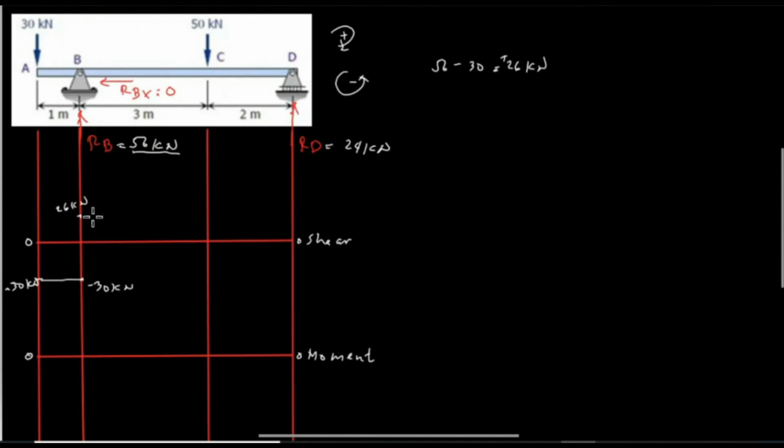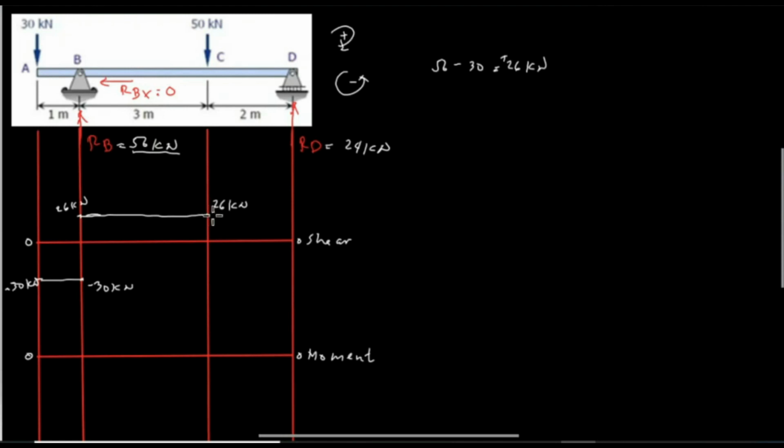Therefore, the shear force is the same from point B going to point C, and we'll have a horizontal line, which means this is also 26 kilonewton at point C. And then at point C, we have a concentrated load of 50 kilonewton.